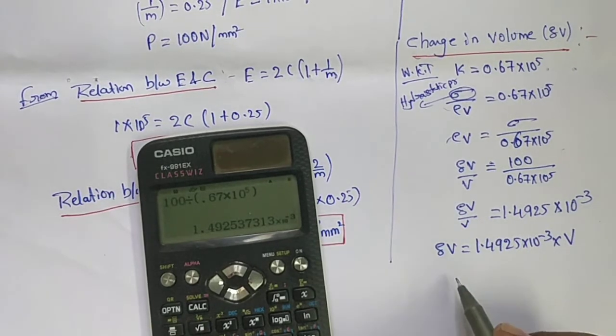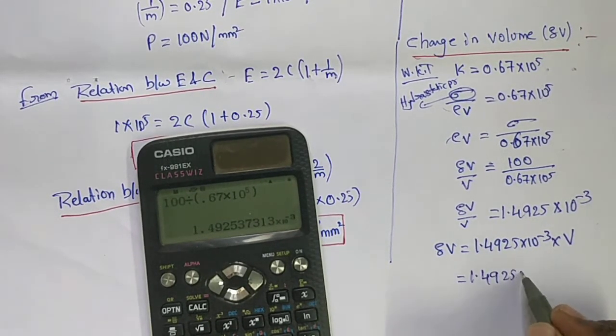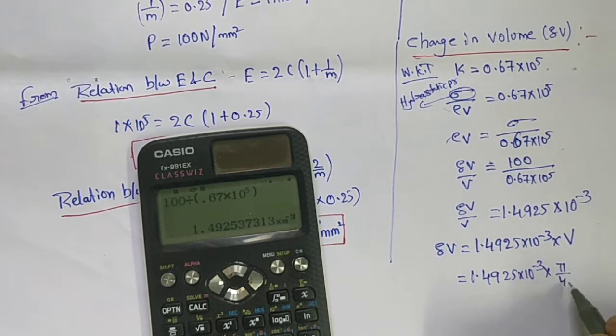Whenever the volume comes to the LHS, it gets multiplied. Finally, we know the formula for the volume of a bar is pi by 4 d square, where d is the diameter of the bar, given as 20, into the length of the bar. The length of the bar is 1 meter, that is 1 into 10 power 3.